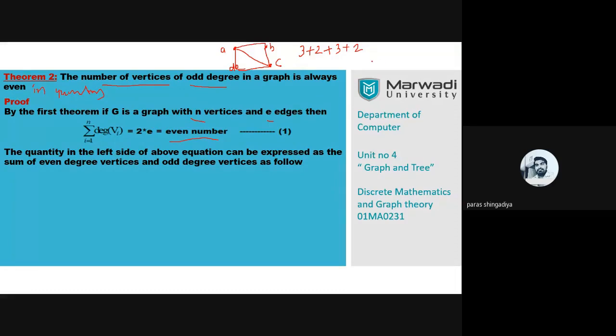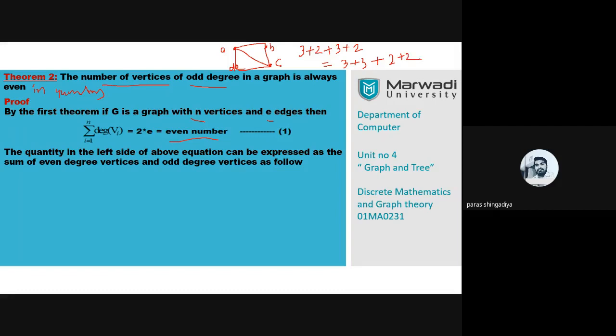There are 4 vertices, so it is degree of V1 plus degree of V2 plus degree of V3 plus degree of V4. That is our left side. Now we have to split it into two parts: a sum of odd values, 3 plus 3, and a sum of even values, 2 plus 2.